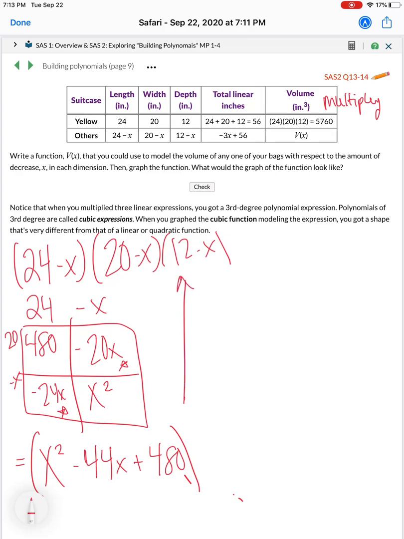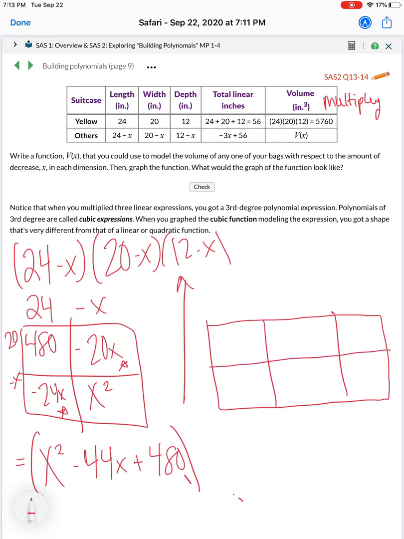All right. Now, taking this and I'm multiplying it by my last term. Why do you think I made 3 columns? I've been making 2. But this time I'm making 3 because I have 3 terms. I have a trinomial. X squared minus 44x plus 480 times 12 minus x.